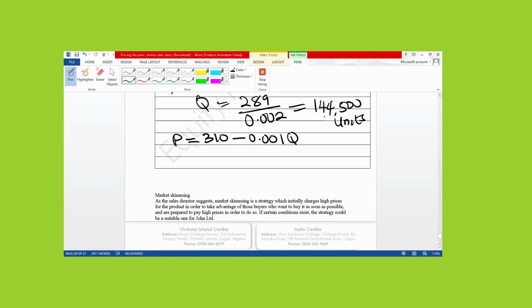Now, if Q is 144,500, what is price? P is equal to 310 minus 0.001 multiplied by 144,500. Please work this out.